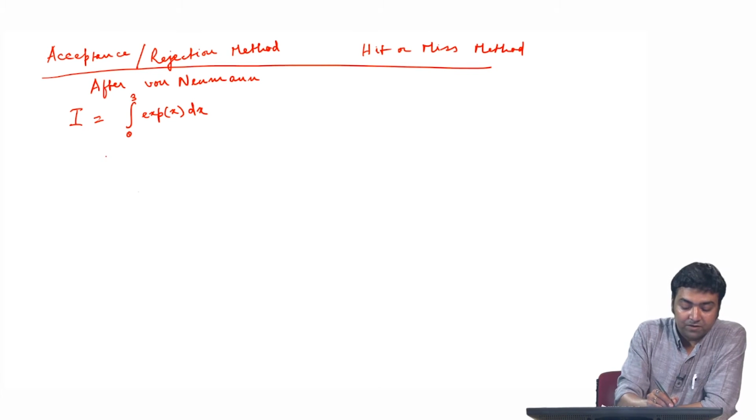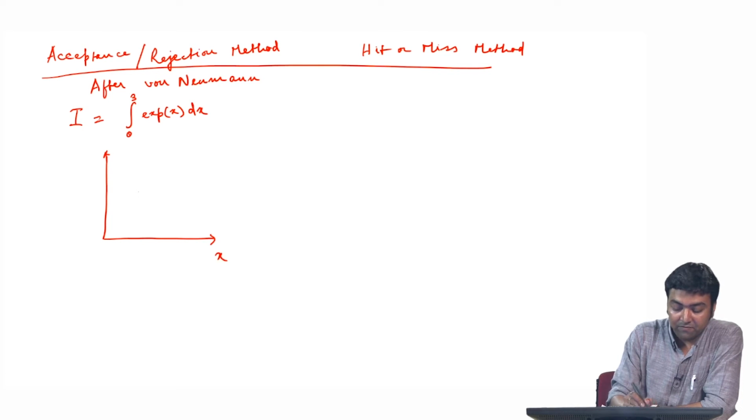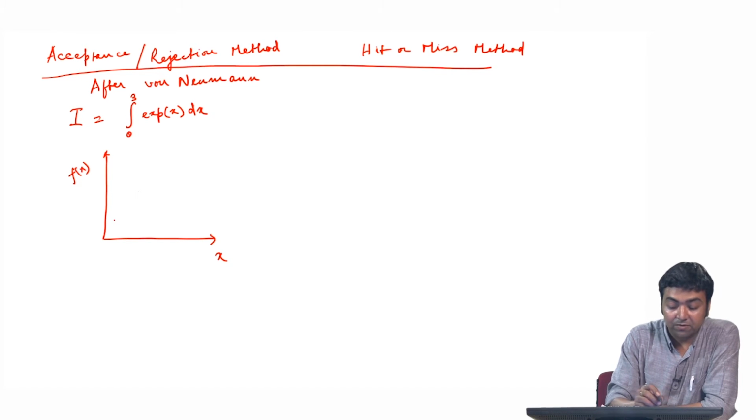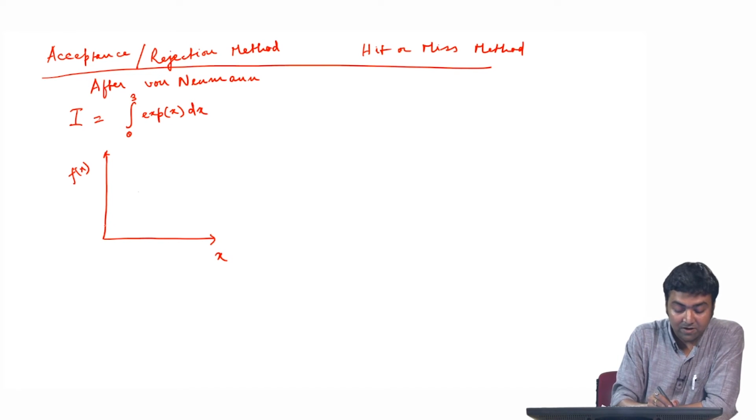If I plot this function e to the power x, it will look like the following. I have the x axis here and the y axis here. At x equals 0, e to the power 0 is 1, so it will start from 1 here and go all the way up here.